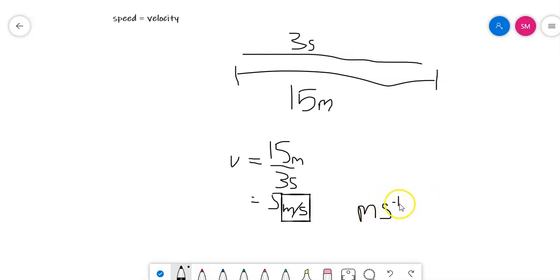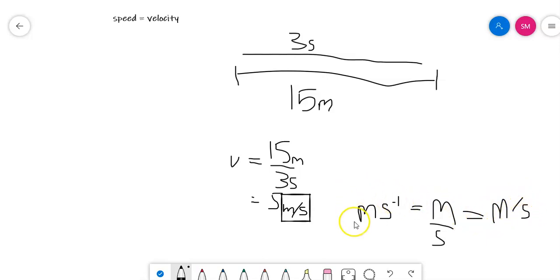If you take any number and go to the power of -1, the answer you get will be the same as going 1 divided by that number. So writing ms to the power of -1 is the same as saying meters divided by seconds. And that's the same as going meters per second like this.